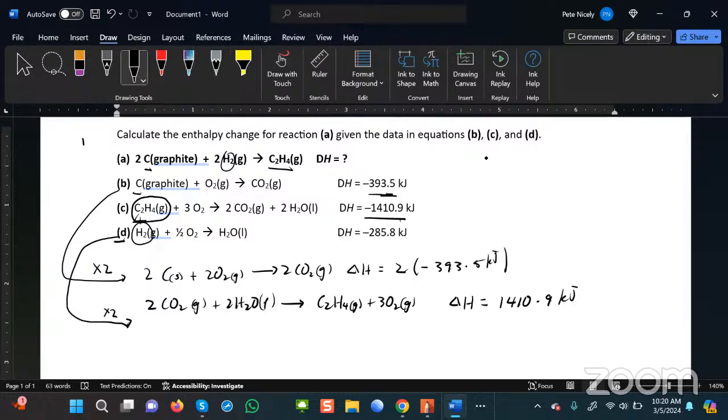So when we do that, you're going to end up with 2H2 gas plus O2 gas to give 2H2O liquid. And the delta H for that would be equal to 2 times minus 285.0 kilojoules. All right?